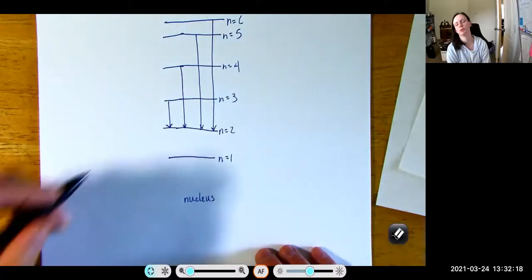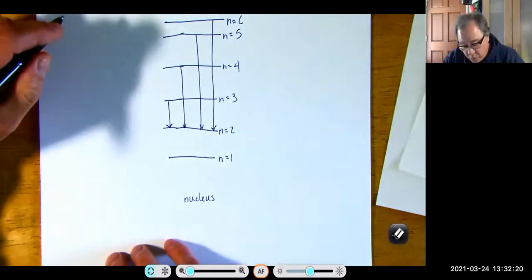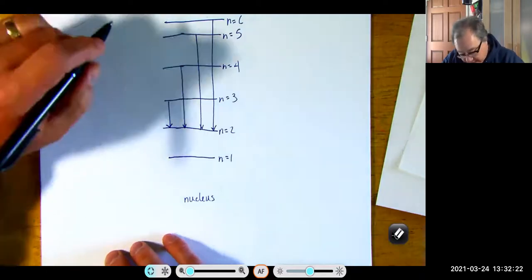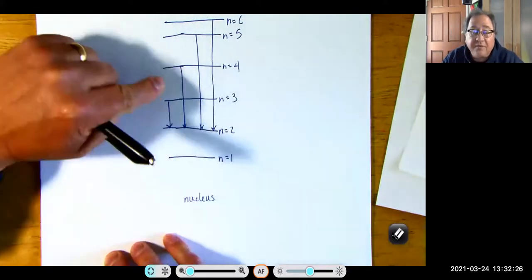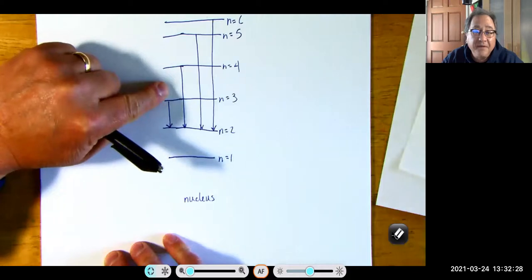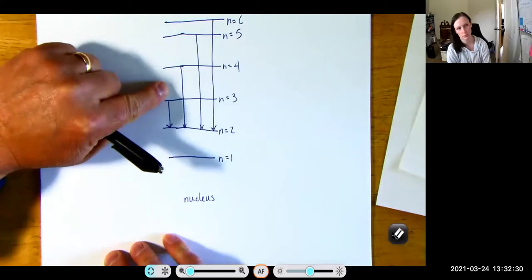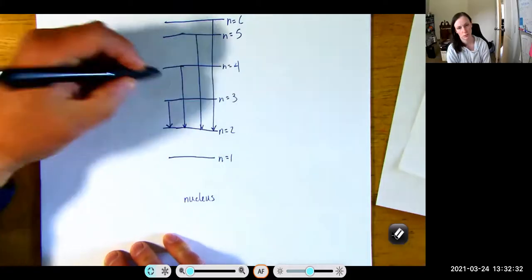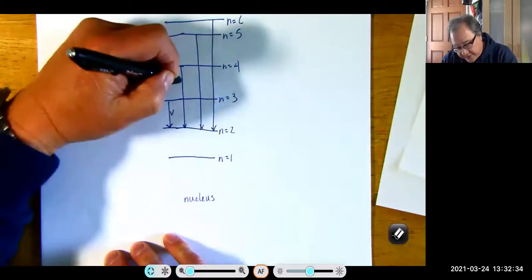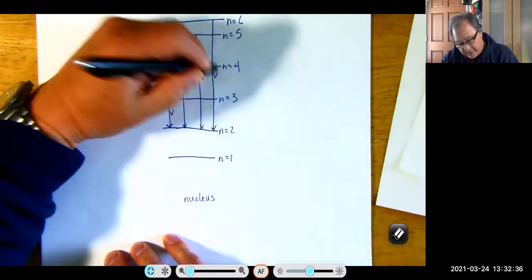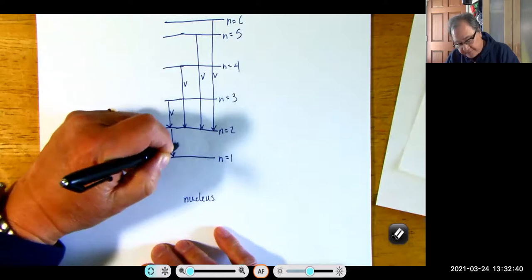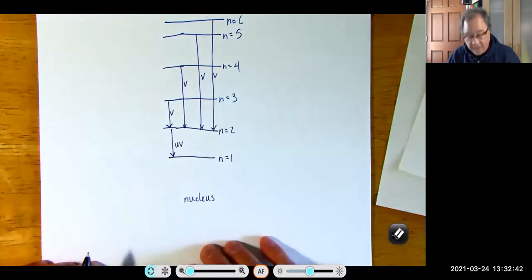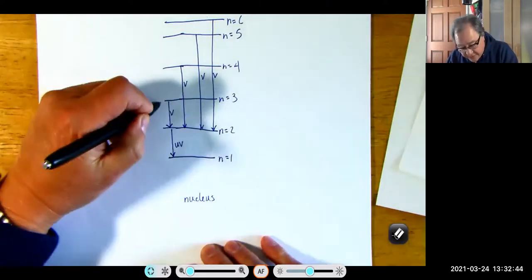Why only to 2? Well, because the ones that end up in 1 are ultraviolet, and the ones that end up in 3 are infrared. Okay. So these, I'm going to put a little V next to these. These are visible. This one, if you go from 2 to 1, is ultraviolet. If you go from 3 to 1, it's going to be ultraviolet.